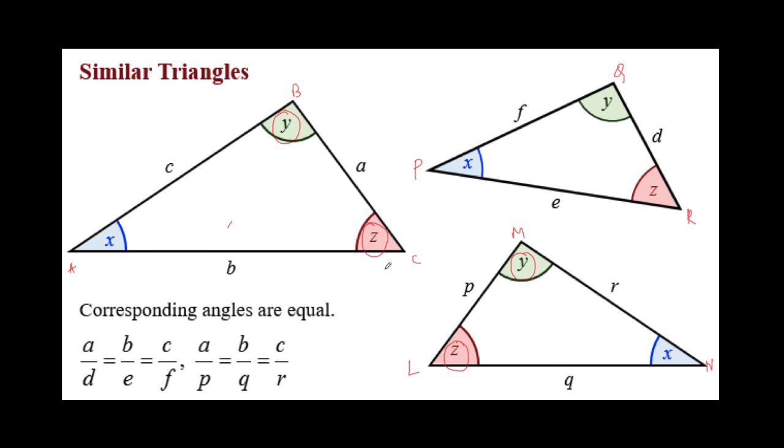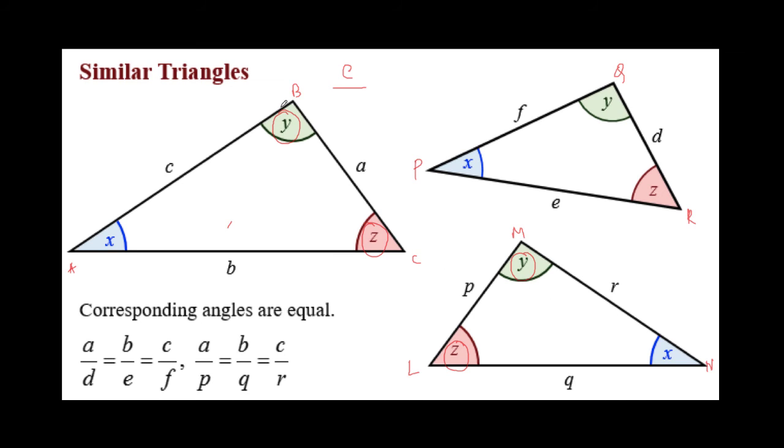These two triangles are similar because two of the corresponding angles are the same; equiangular, as we say. Now let's relate the sides. The side that includes angles X and Y is side C.